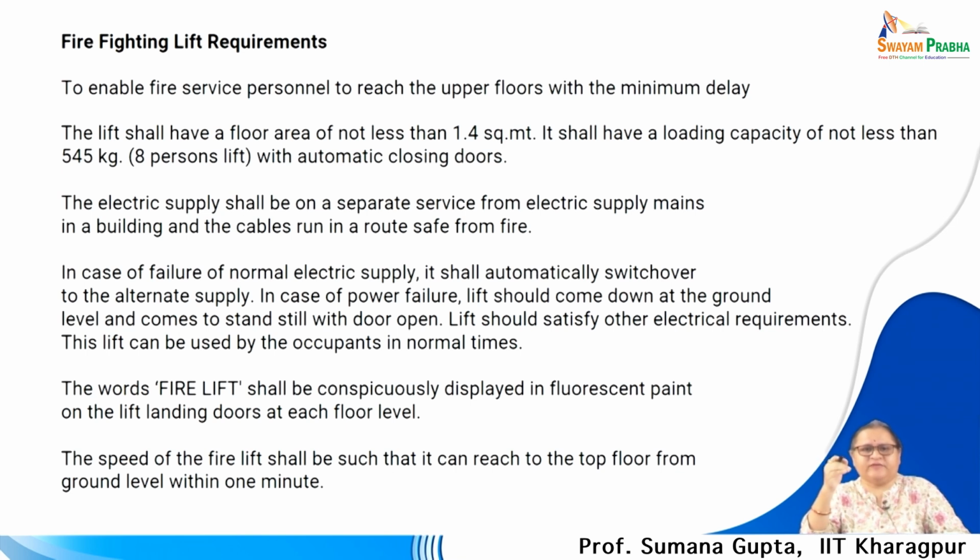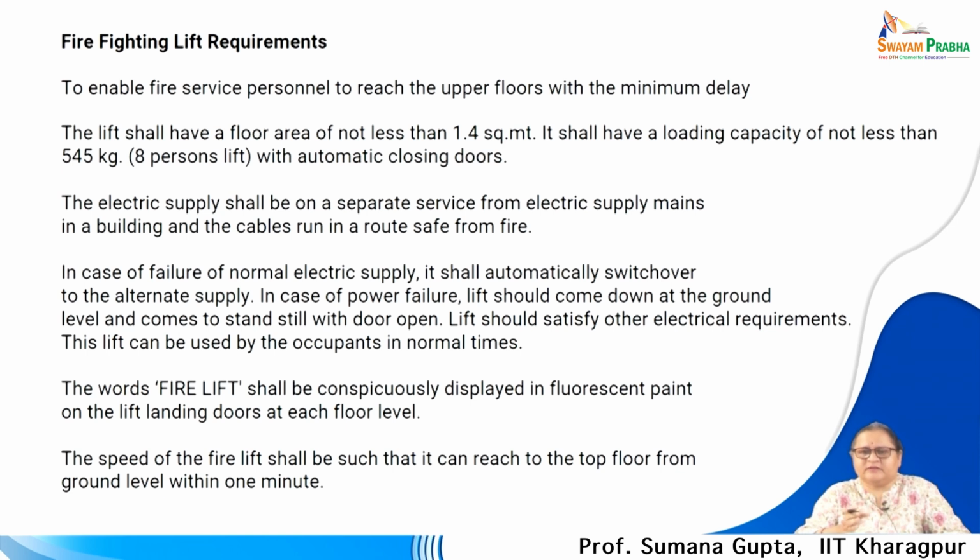The speed of the fire lift also should be such that from the ground level it should not take more than 1 minute to reach the top level, because in today's context buildings within India have gone as high as around 300 meters. Our various projects are coming up nowadays up to 300 meters. So, 1 minute is given.